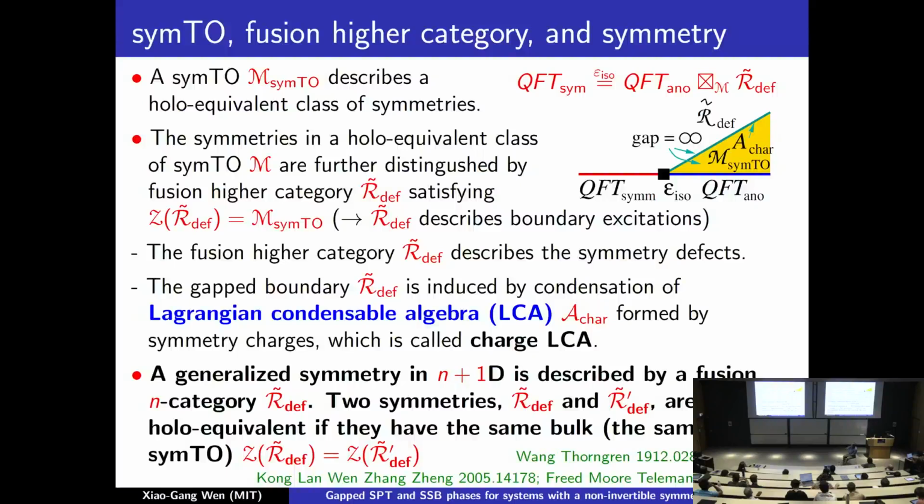So that became this picture of using the fusion category to describe all kinds of symmetry, and this holographic equivalence really means that if two fusion categories have the same center, the same bulk, then these two fusion categories describe a holographic equivalent symmetry. Holographic equivalent symmetries are equivalent in the sense that they have the same phase diagram, the same CFT; in some sense they are really very close.